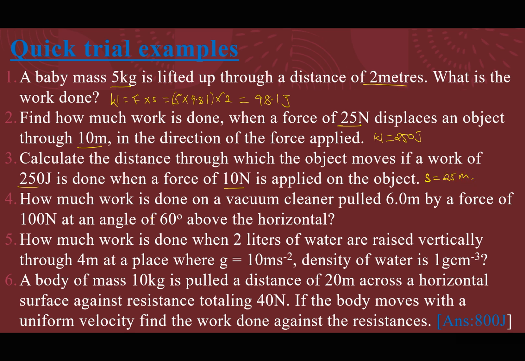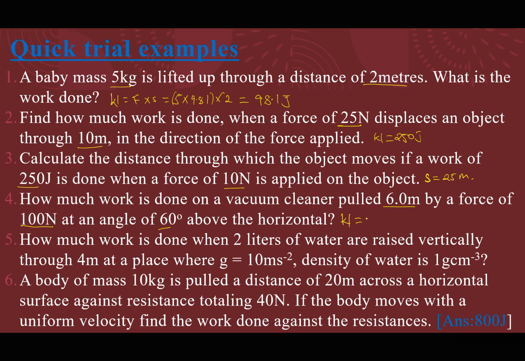How much work is done on a vacuum cleaner pulled 6 meters by a force of 100 newtons at an angle of 60 degrees above the horizontal? In this case, we have to resolve the angle. Remember, the force must be in the same direction as the displacement. Because the force is acting at an angle of 60 degrees to the horizontal, I resolve 100 newtons to the horizontal to be 100 cos 60.